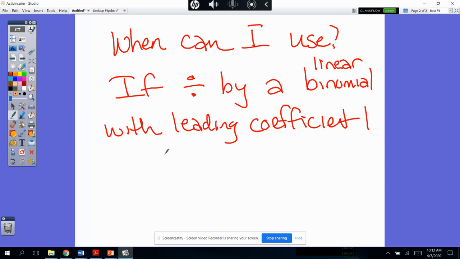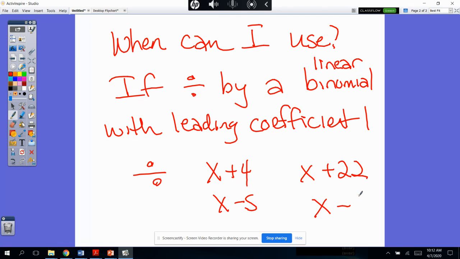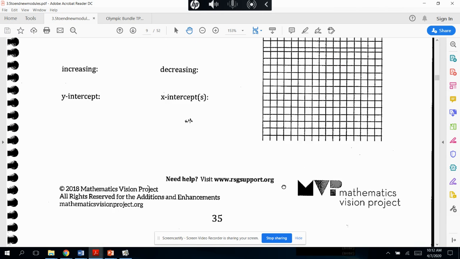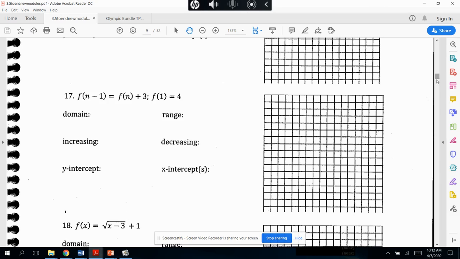So basically, if you are dividing by something like x plus 4 or x minus 5 or x plus 22 or x minus 9, any of these will work because you're dividing by a linear, degree is 1, binomial, two pieces, leading coefficient is 1. If there's a number in front, it will not work. So I'm going to pull up the notes we did yesterday, and I'm going to show you which ones we can use this on.